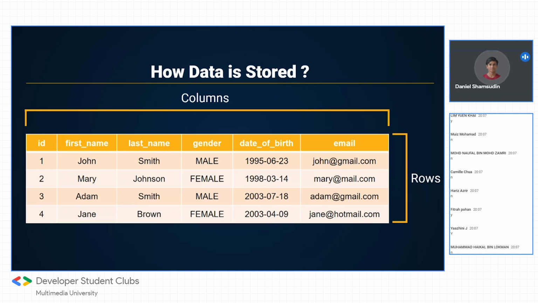For email, there cannot be two people with the same email, unless they are sharing an email or something. But under normal circumstances, different people have different emails. For example, me and Siddharth, our emails are obviously different.